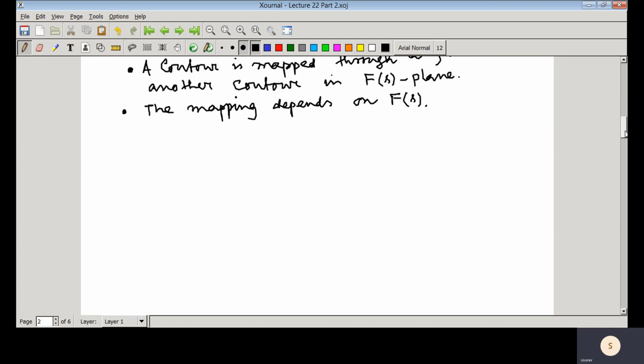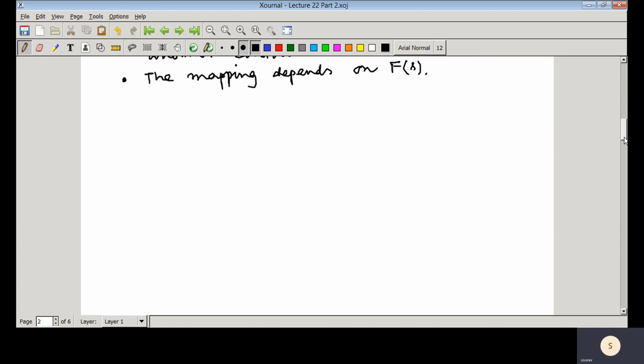So let us see some mappings. That means if we take various types of functions, what would that mapping be? I am just going to show you what happens. Those things can easily be understood if you consider the angle.